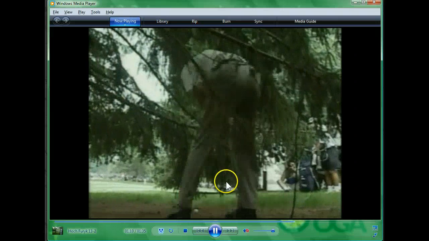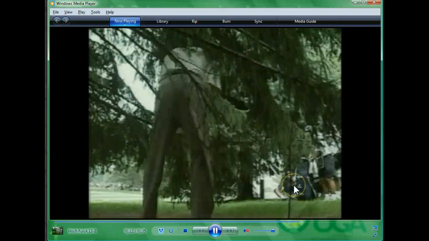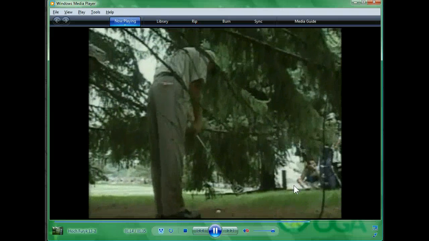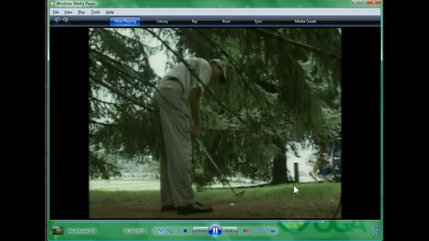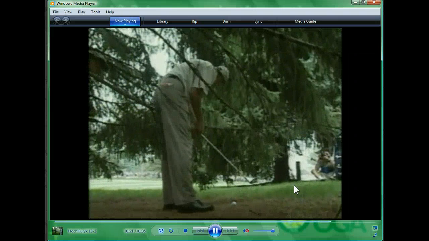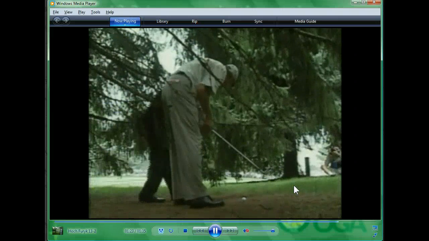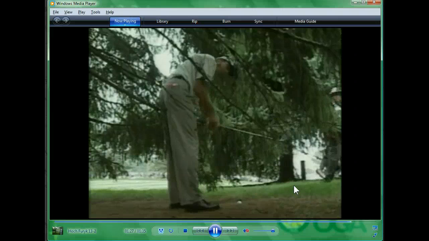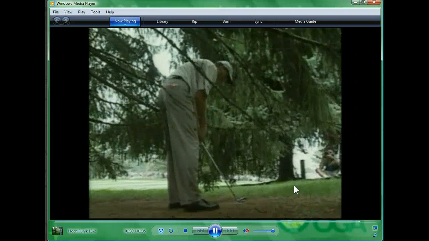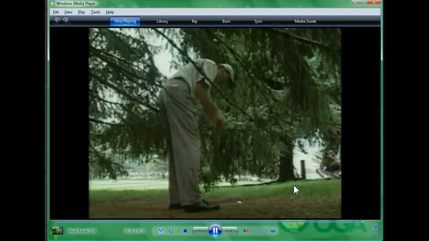If he went at it from the right side where he was previously, that would have moved the branch 6-8 inches in order for him to take his stance. If he goes at it from the left side, he moves it less, which means by definition that's the least intrusive course, and he's fairly taking his stance. So there's no penalty. Turns out that he actually has a pretty good swing here, and he plays his shot out of trouble back near the fairway.